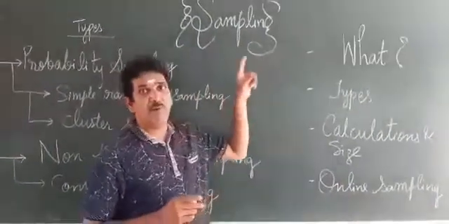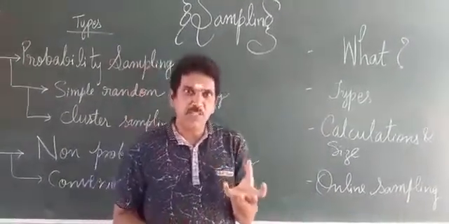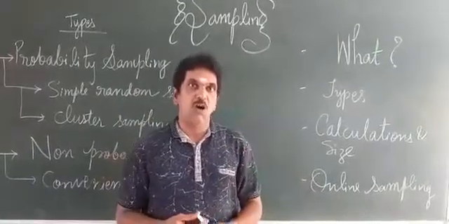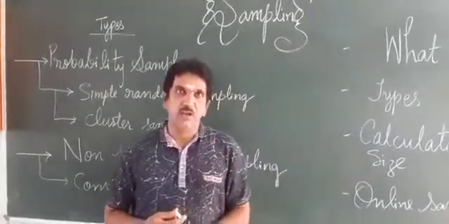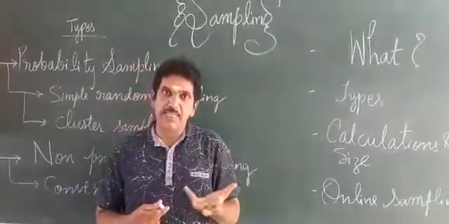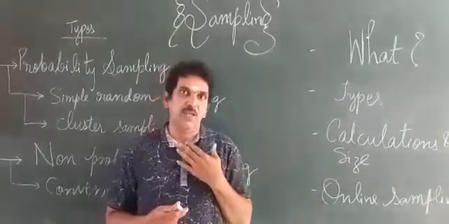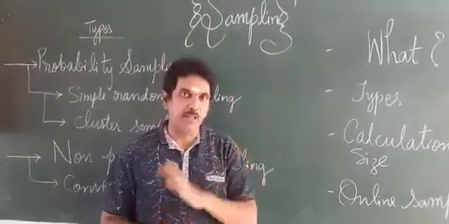So that is about what sampling is. The substance that you collect or the parameters that you select for the study of the hypothesis that you have proposed, the process is sampling and the substance is the sample, right?